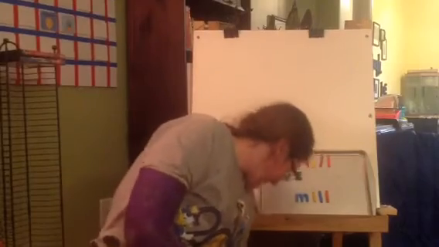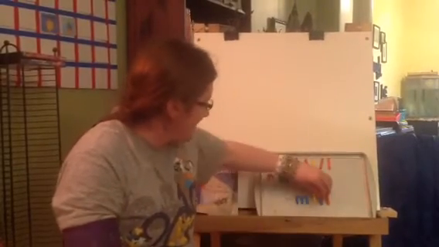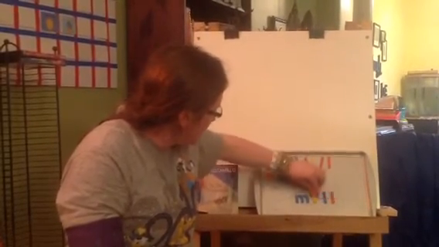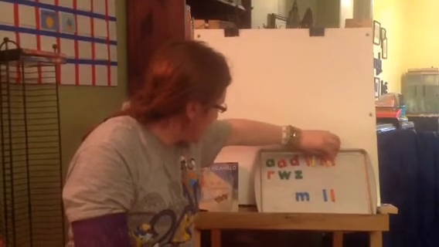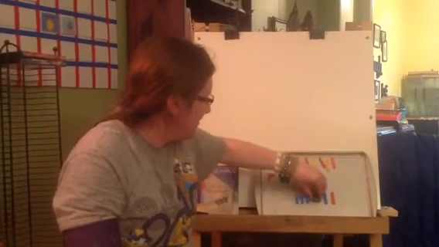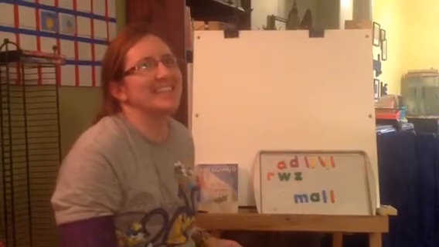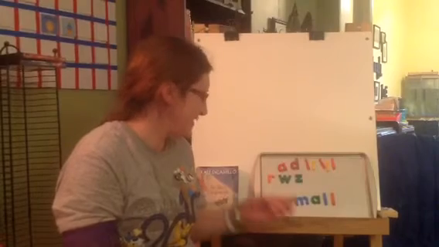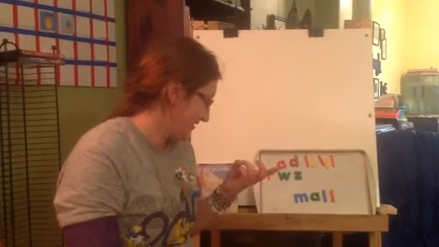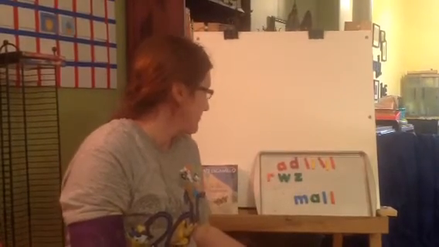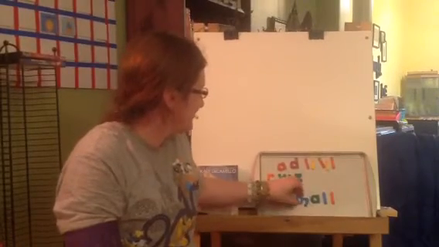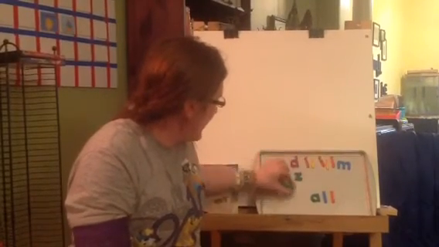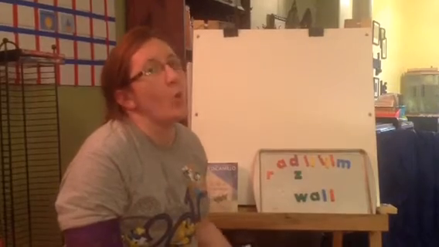Oh, shoot. I'm going to change my I to an A to make a place we haven't been allowed to go to. A mall. If you don't have mall, you can add it to your list. And I'm going to change the M to a W to make the word wall.